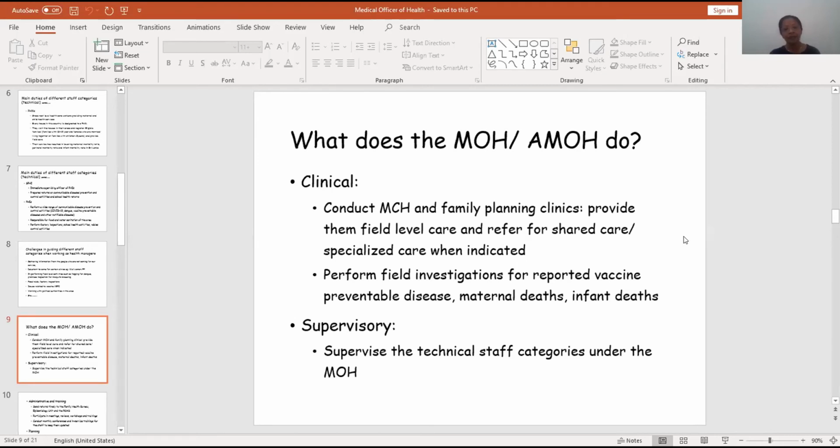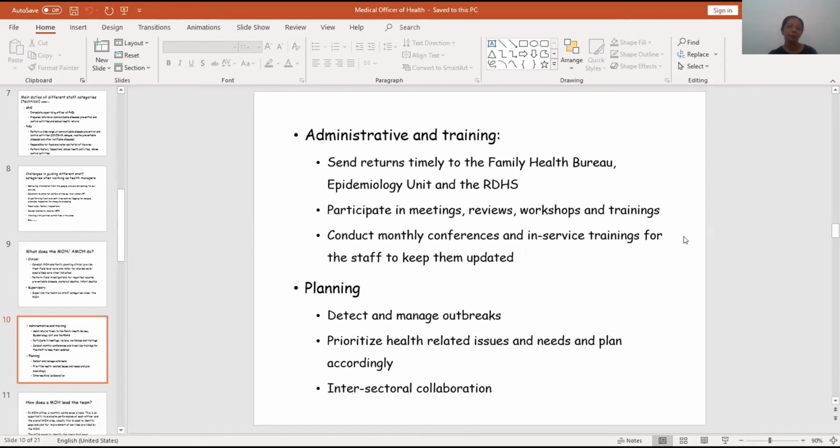And please go to the field and see what is happening there, because all your staff is there in the field. It is a good time to learn about your field and your people.